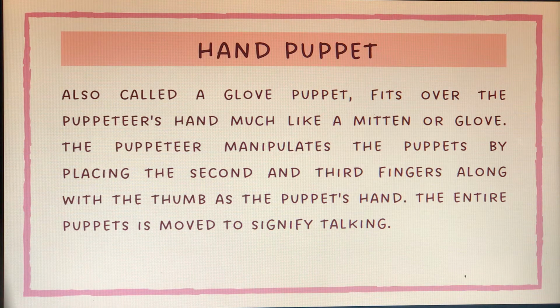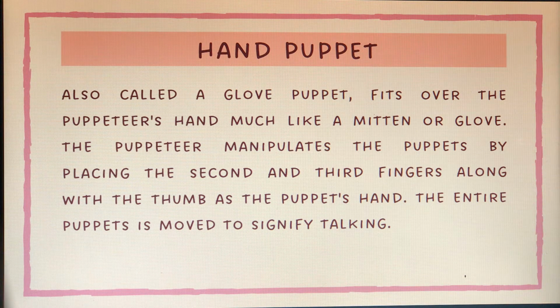So, next is the hand puppet, also called a glove puppet, which fits over the puppeteer's hand much like a mitten or glove. The puppeteer manipulates the puppet by placing the second and third finger along with the thumb as the puppet hands. The entire puppet is moved to signify talking.